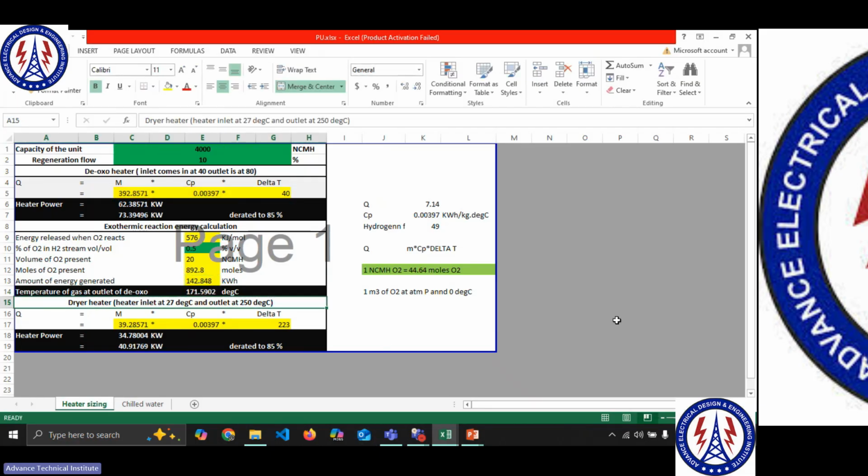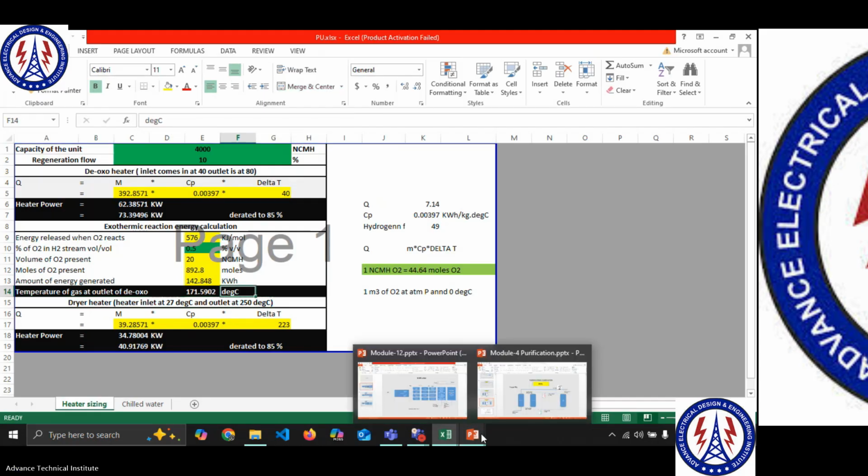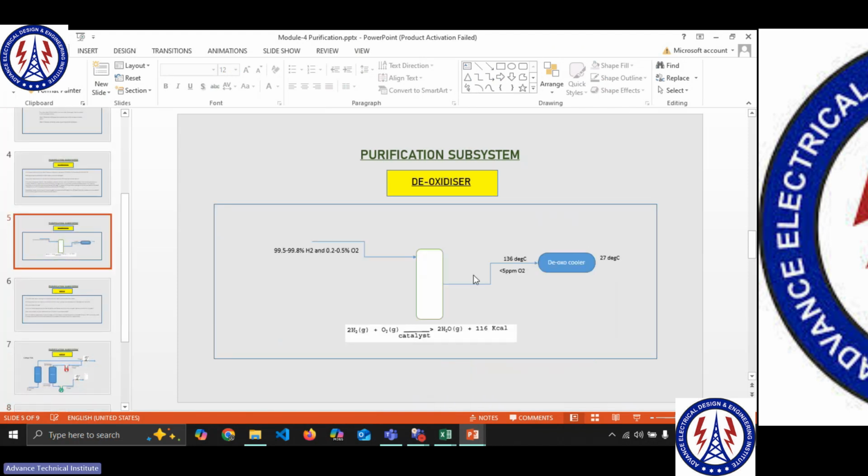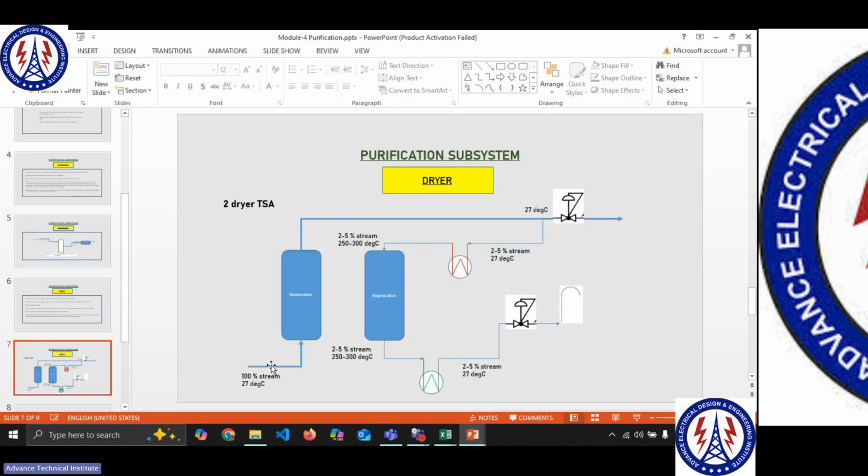Let's wait. This is purification. Now it is over. After purification, you remember the purification system? We cool it down after that immediately. This is a dryer. If you remember dryers, it goes into regeneration. This is a different concept.